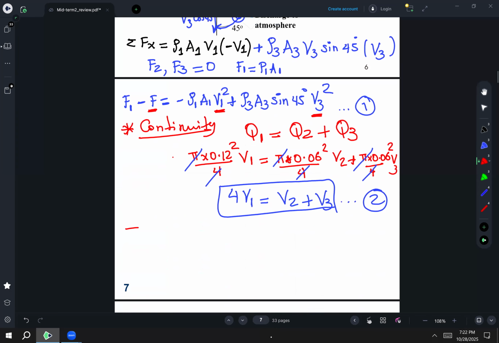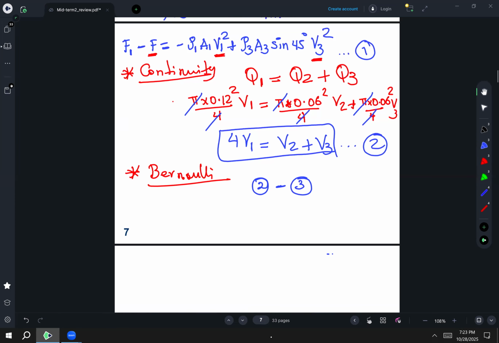Okay. Why am I doing that? Because I want to find the relationship between the velocities and pressures between those sections. Okay, so I'm going to apply the Bernoulli equation, and we can start, for example, with points 2 and 3.